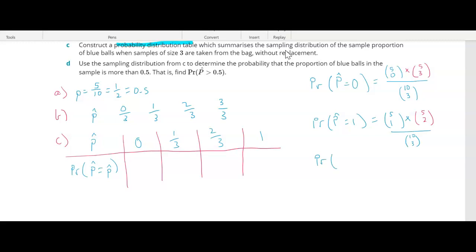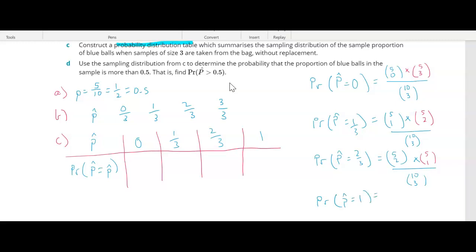And then we're going to have, not 1, sorry, 1 over 3, 2 over 3. And that should be a little p, sorry. So 5 choose 2 times, and this time we're going to have 5 choose 1, over 10 choose 3.